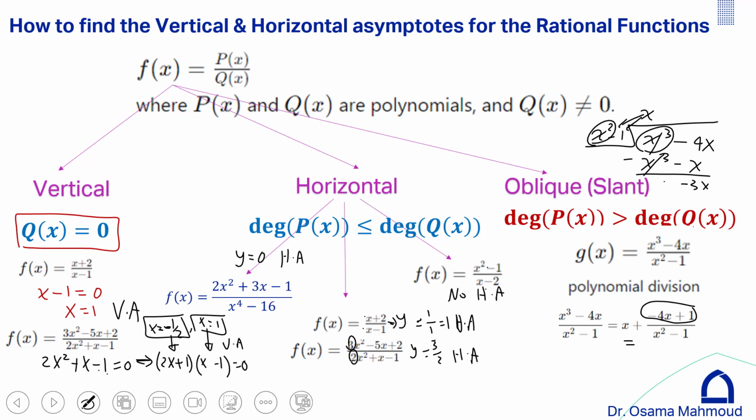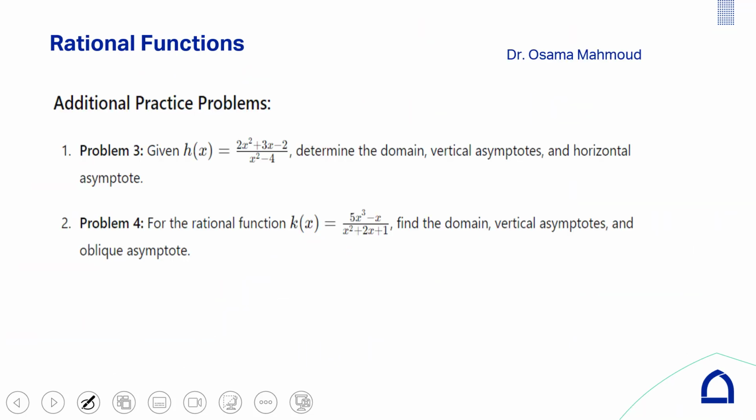No, I can't. So I don't care about what I'm going to do with the remainder. I care about the result. So y equal to x is my oblique asymptote. Okay. Here is another extra practice to do.